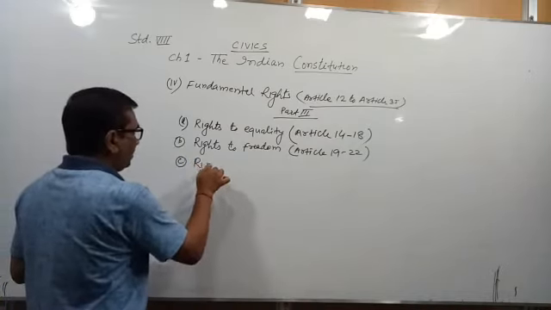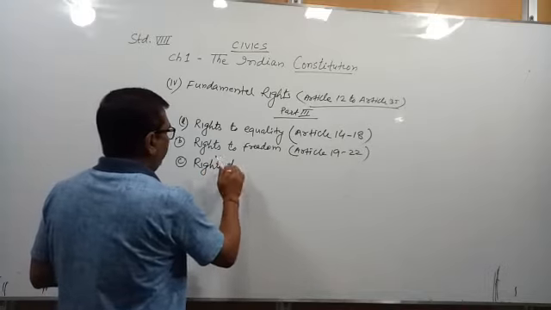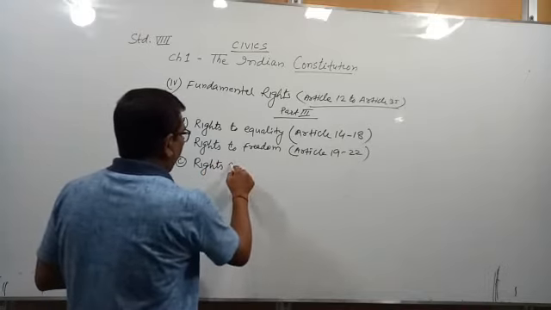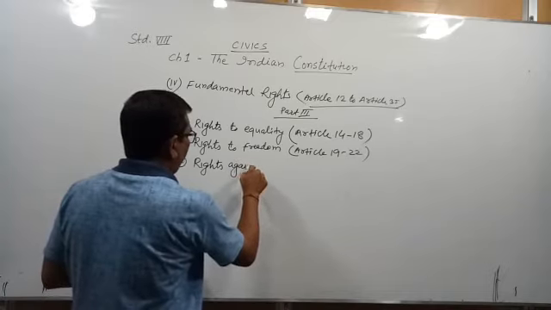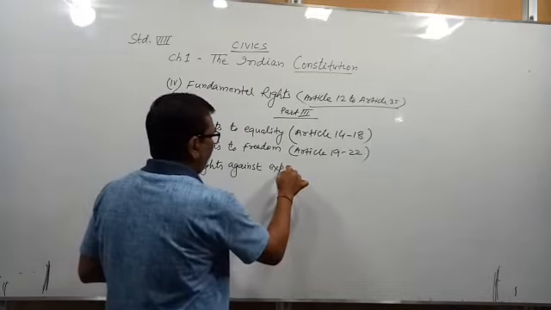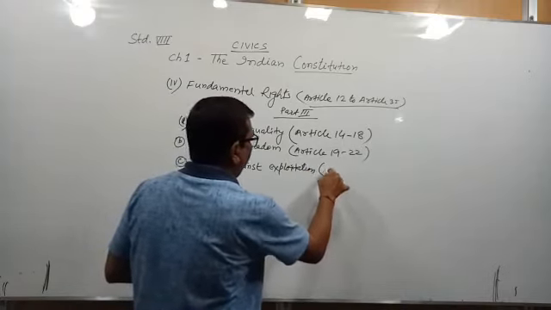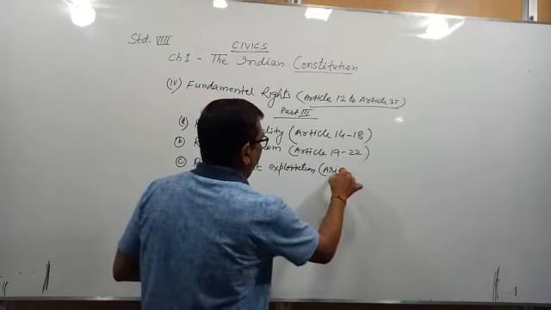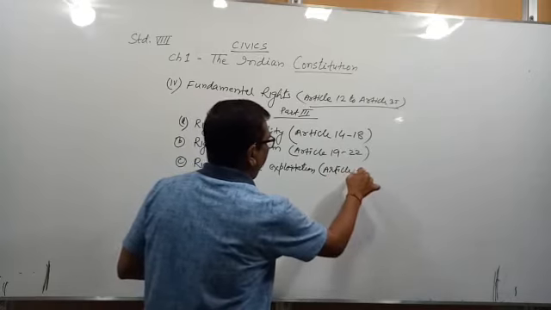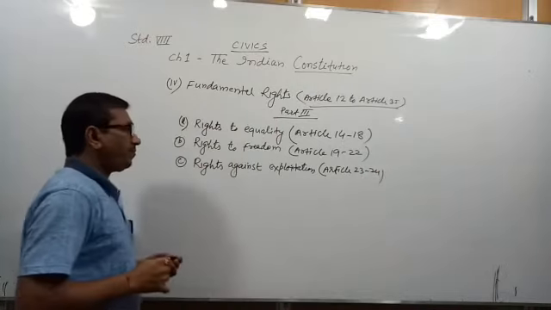Then next is right against exploitation, Articles 23 and 24.